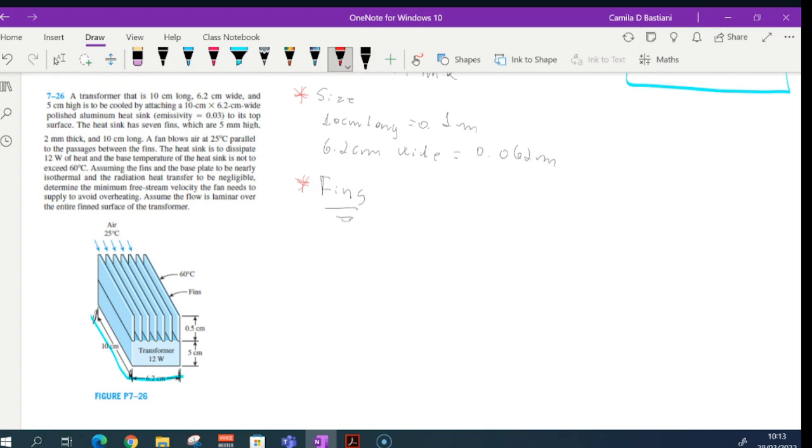And we're given the dimensions of these fins. My fins are 10 centimeters by 6.2 centimeters with a thickness of 2 millimeters. The emissivity of my heat sink is 0.03.